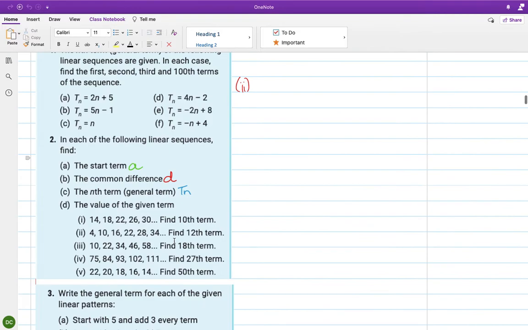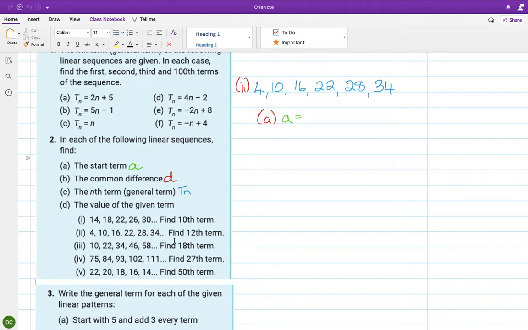The second one says 4, 10, 16, 22, 28, and 34. So part A wants us to find the start term.